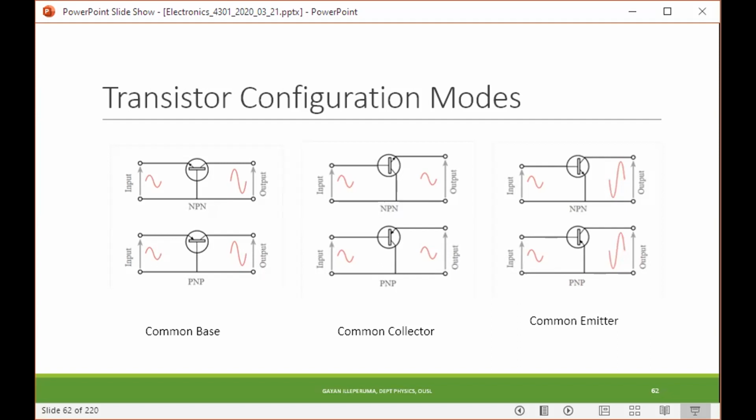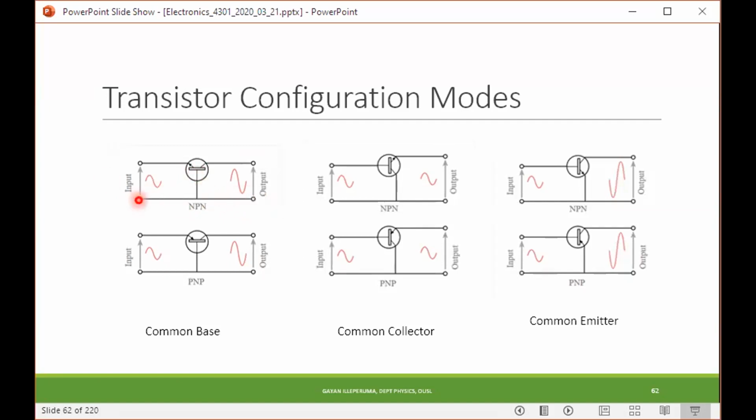In the first image, you can see this is my input, this is my output, and this terminal is connected to the input and also connected to the output. This terminal is the base. So base is connected to the input and base is connected to the output. So this is a common base configuration.